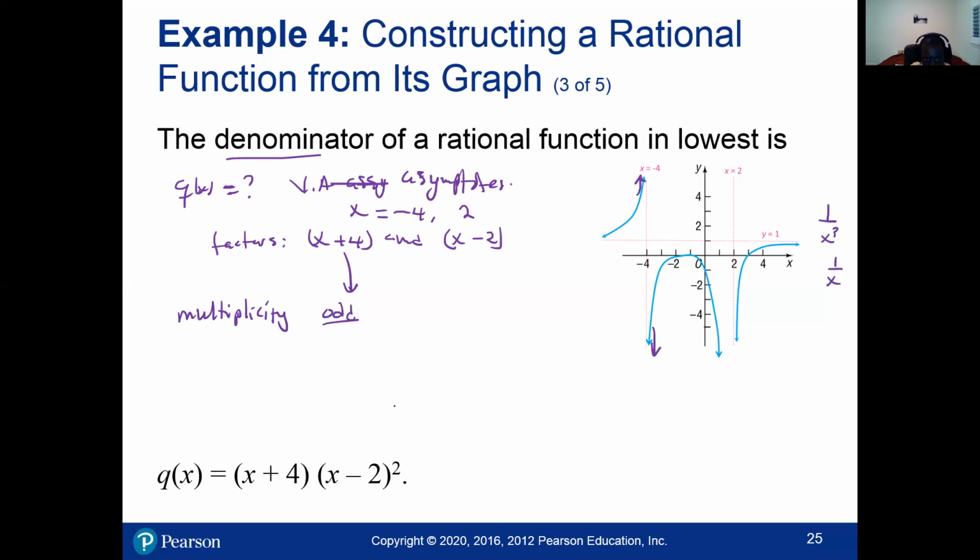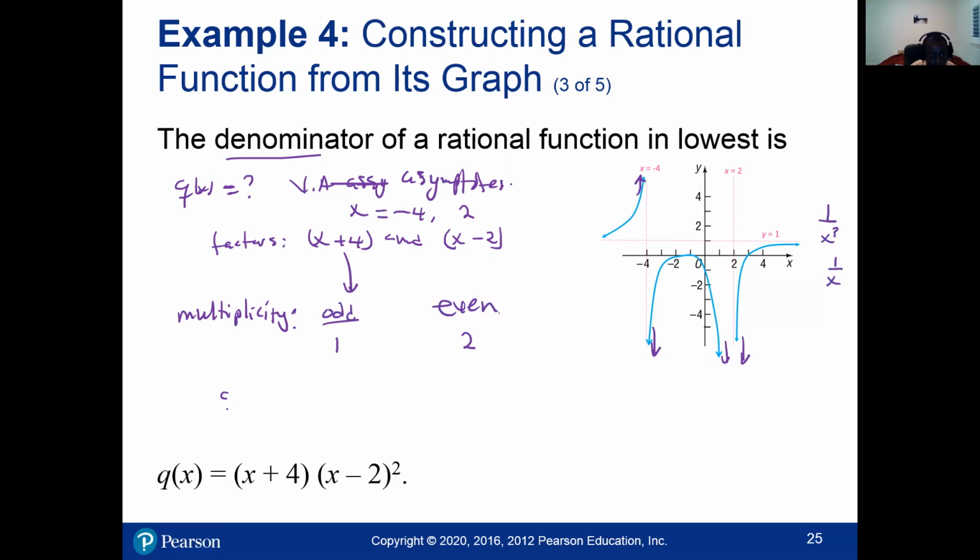Now x minus 2: look at it at x equal to 2, it falls on both sides. So this will have an even multiplicity, and the least of them is 2.